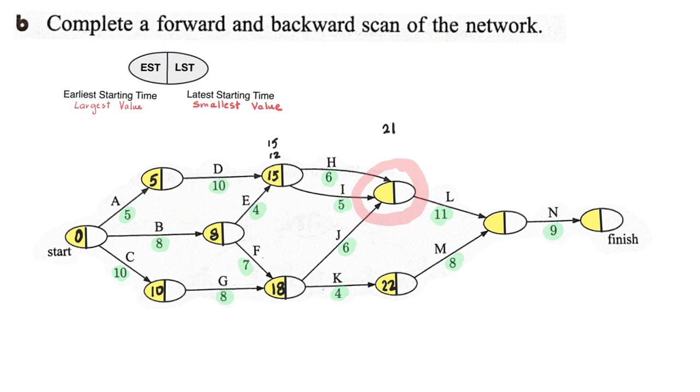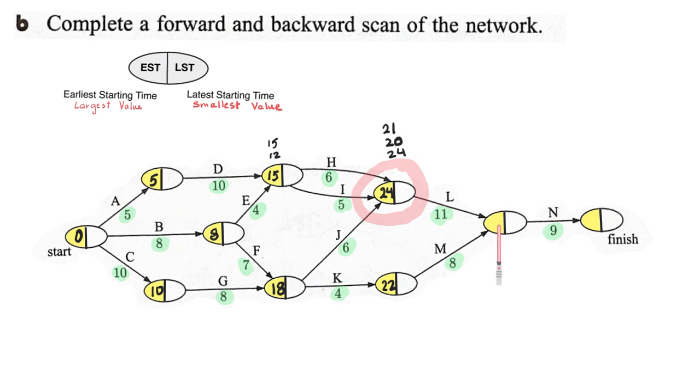Working through task I, it'll take us 15 plus 5, which is 20 minutes. And working through task J, it'll take 18 plus 6, which will be 24 minutes. So we need to choose 24 minutes before we begin task L.